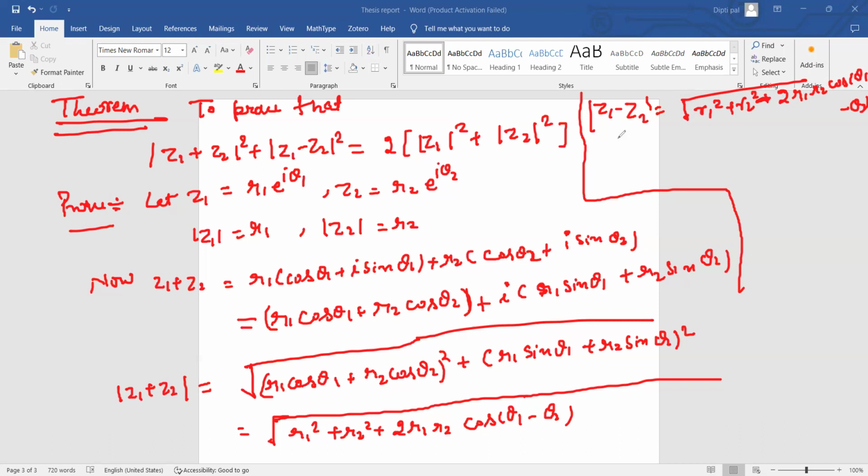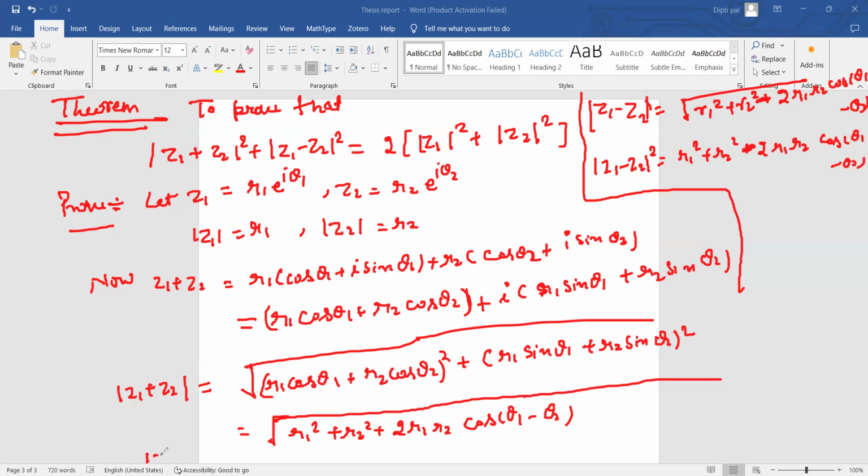Now modulus of Z1 minus Z2 whole square will be R1 square plus R2 square minus 2 R1 R2 cos theta 1 minus theta 2.